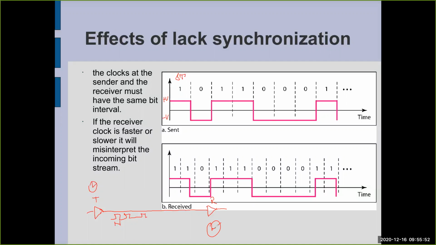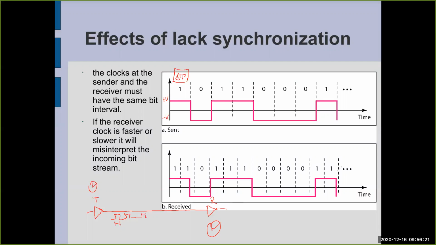It's obvious that there are no two identical clock sources. So the duration of delta t may be longer in the transmitter than in the receiver, or the opposite.